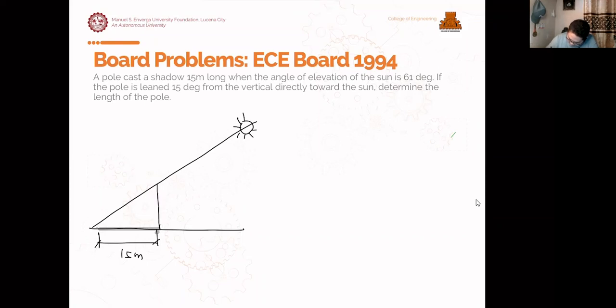Ayan. So, angle of elevation daw natin is 61 degrees. And then, yung isang condition natin is kapag nag-lean daw 15 degrees towards the sun. Okay? So, yung another scenario natin is magli-lean siya dito.